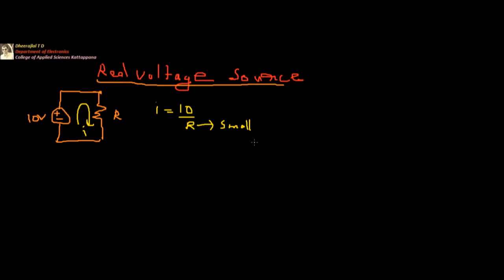So when R decreases, I increases. And when R is tending to 0, I will tend to infinity, or the load current I approaches infinity, which is practically not possible. Any practical source cannot produce infinite current.